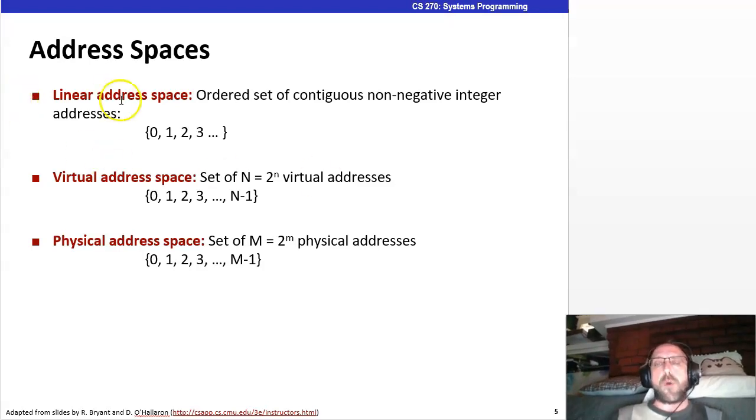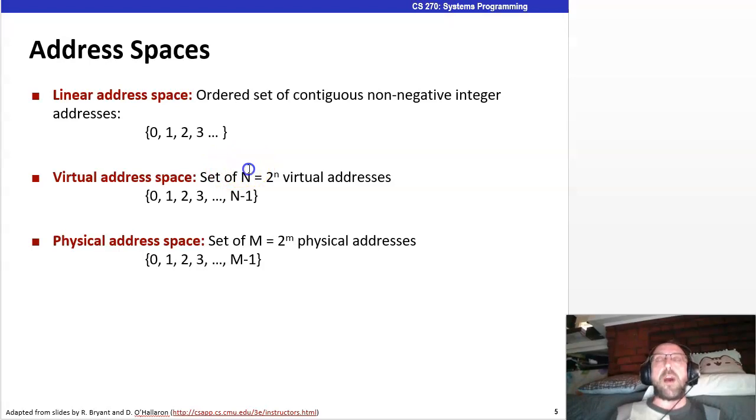So just for a little bit of terminology, a virtual address space is the kinds of addresses that a program might use. What something running on the CPU sees. Each different program might have its own virtual address space, and that address space has some size. So, for example, on a 32-bit system, the size of the virtual address space might be 2 to the 32 bytes, or about 4 gigabytes.